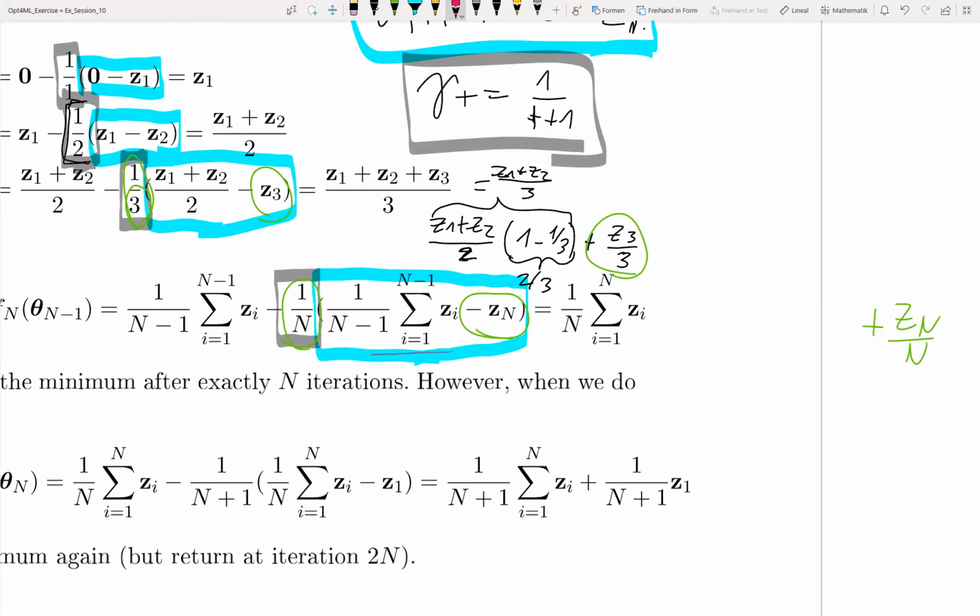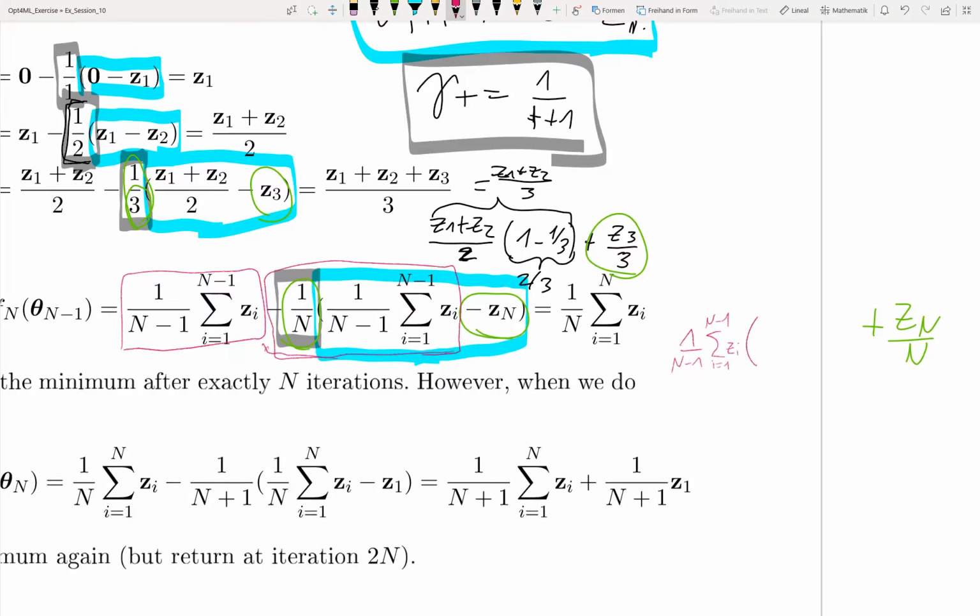And now let's have a look at the rest. So at this thing here and at this thing here, we can once again use the law of distributivity. And what's the term we are multiplying out of it?